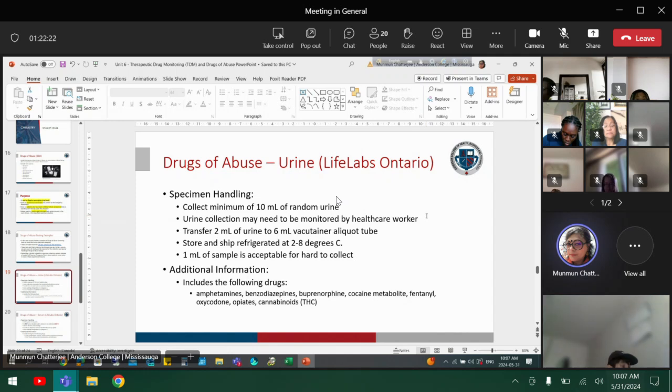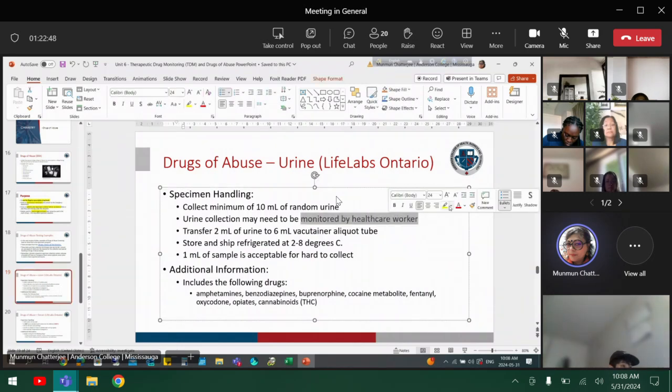You are not going to go inside with the patient who needs the drug testing, but you have to make sure, with all the precautions, that they cannot dilute the urine or ruin the sample. So collect minimum 10 ml of random urine, monitored by a healthcare worker.